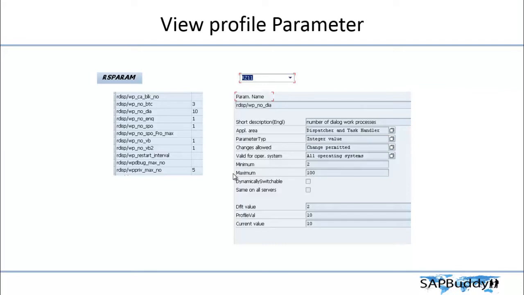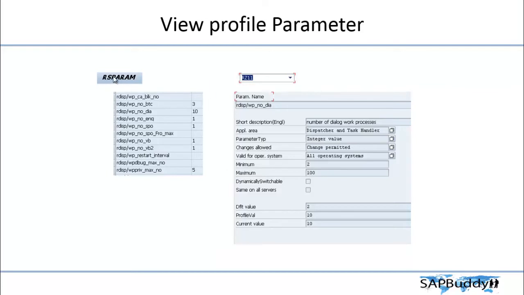As I said, profile parameter changes are quite critical when you are making any changes in the SAP system. So we need proper documentation and a proper procedure when changing anything in the SAP system.